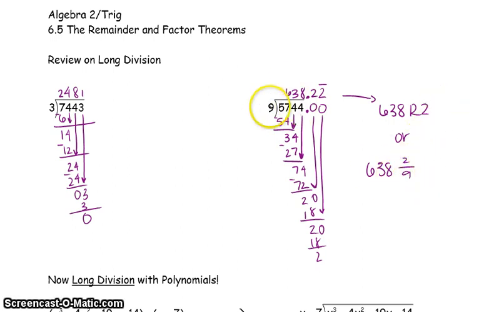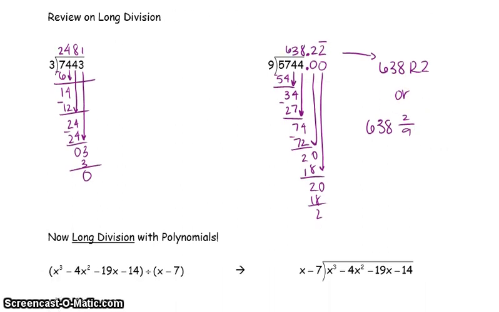And if you wanted to put this in your calculator, you would get 638.2 repeating, which, if you did 2 9ths in your calculator, is 0.2 repeating. So either way you write it is okay. So this is just a short review, okay?